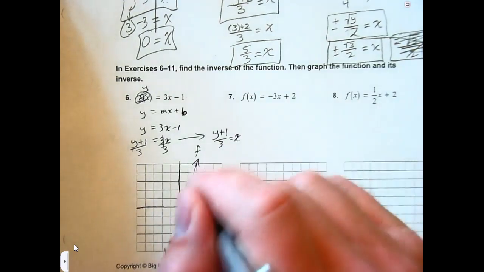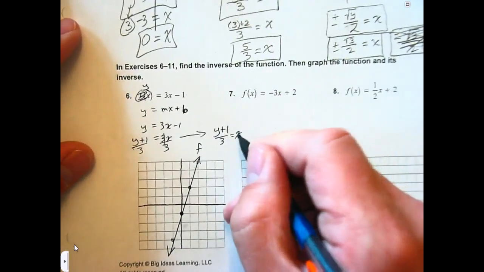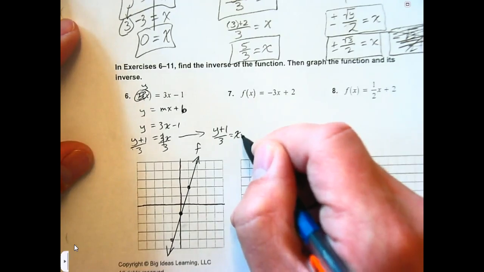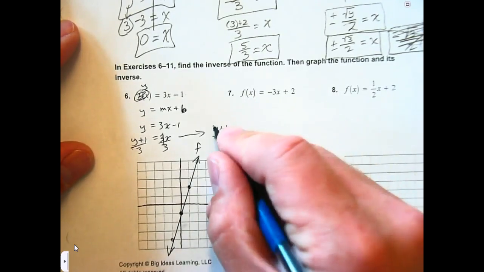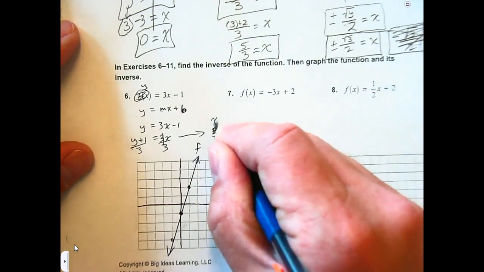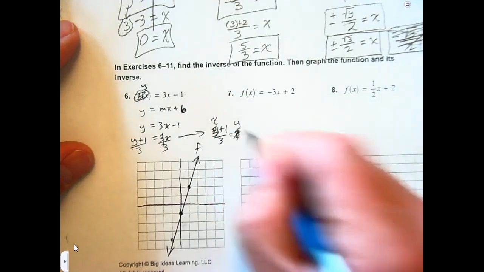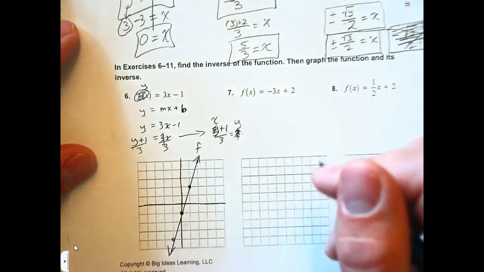Now if I'm graphing that, usually what you're doing, if you're finding the inverse of the function, once you're done solving for x, you swap your values here so you can graph it. So this value becomes x. This value becomes y. That is the inverse function.